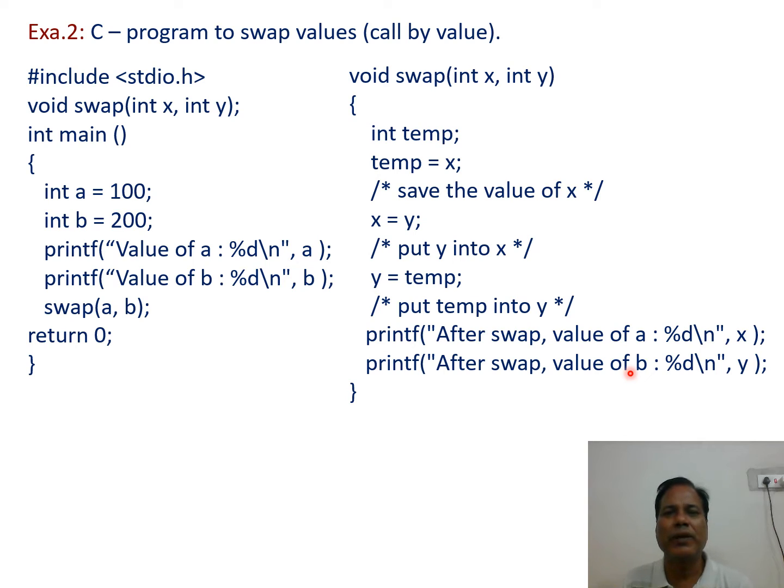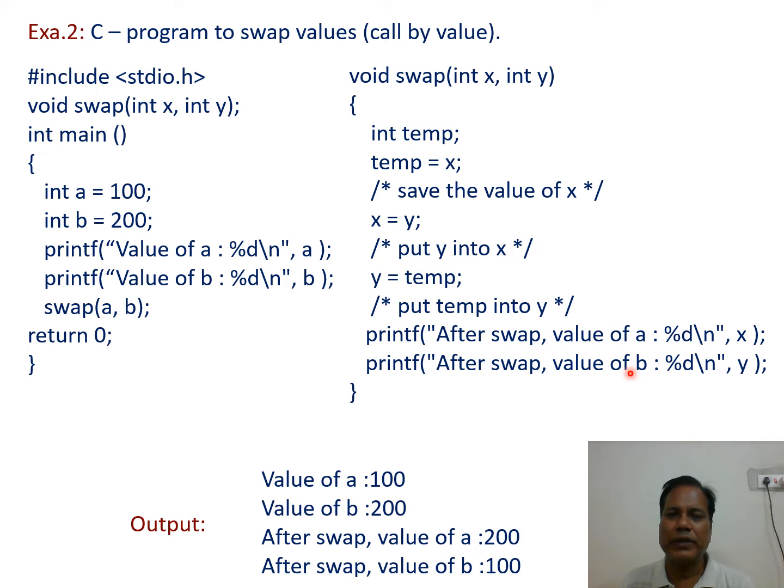So in this way, using this program, we swapped two values with each other, and when this program is run, we get the output like this one. Value of a is 100 and value of b is 200, and after swap, value of a is going to be 200 and value of b is going to be 100.